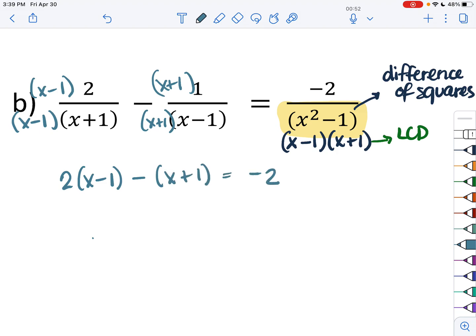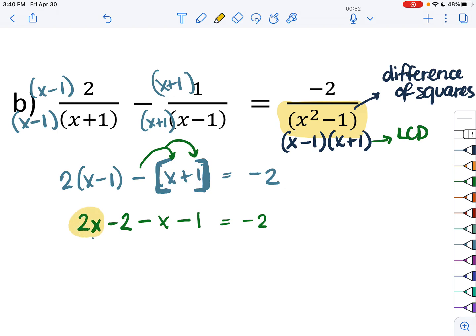Now, sometimes when it's a negative like that, I like to put it in brackets if I rewrite it, just because I want to remember not to mess up these signs, right? Because you have to distribute that negative. So this becomes 2x minus 2 minus x minus 1 equals negative 2.